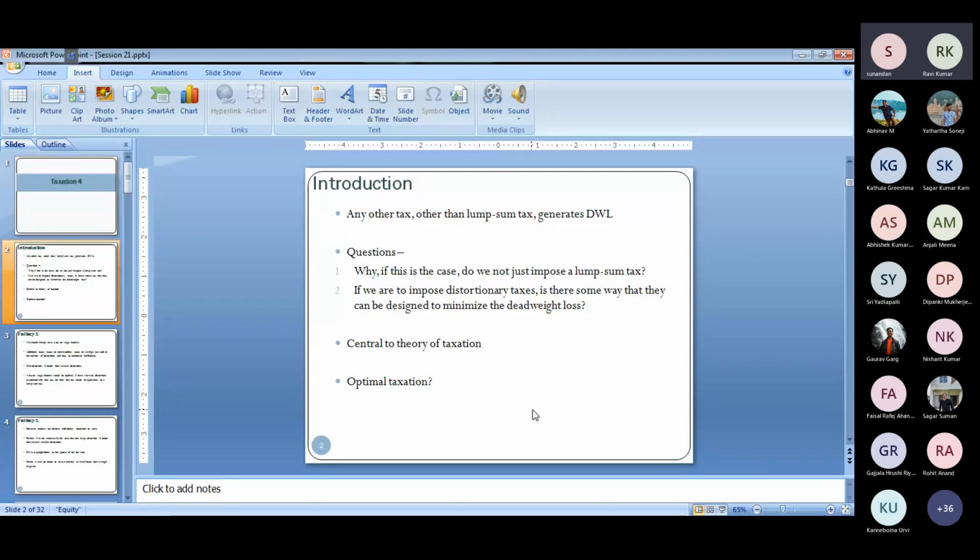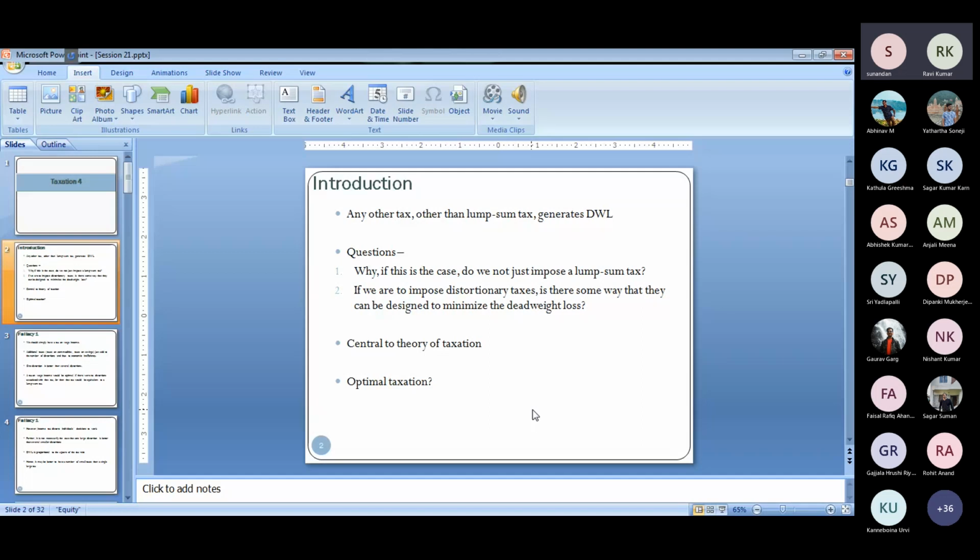So, if we can impose a non-distortionary lump sum tax, then why do we at all go for distortionary taxation like commodity taxes or income taxes?